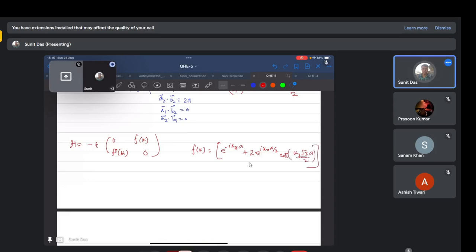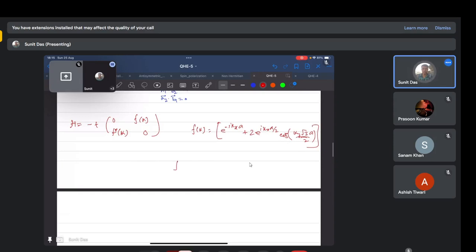So this was f(k), which was obtained from the summation over the nearest neighbor vectors, j equal to 1, 2, 3, of e to the power minus i k dot delta j, where delta 1, delta 2, delta 3 were the nearest neighbor vectors for a particular atom.